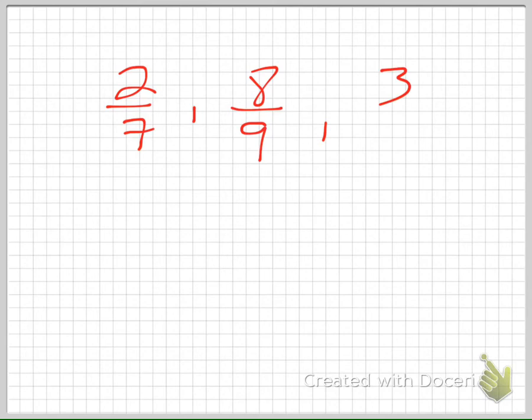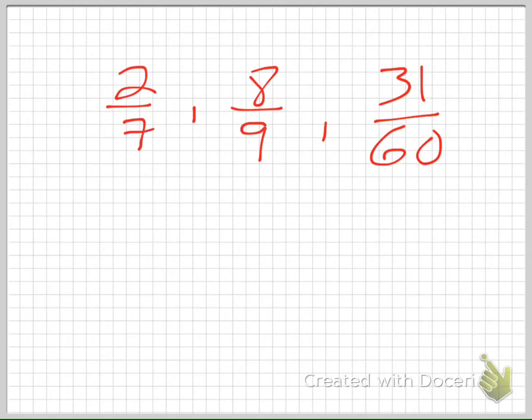A lot of them, though, you're going to be able to do without any work. They'll have 2/7, 8/9, and then a big one, 31/60. Can you look at those and put them in order without doing any math at all?